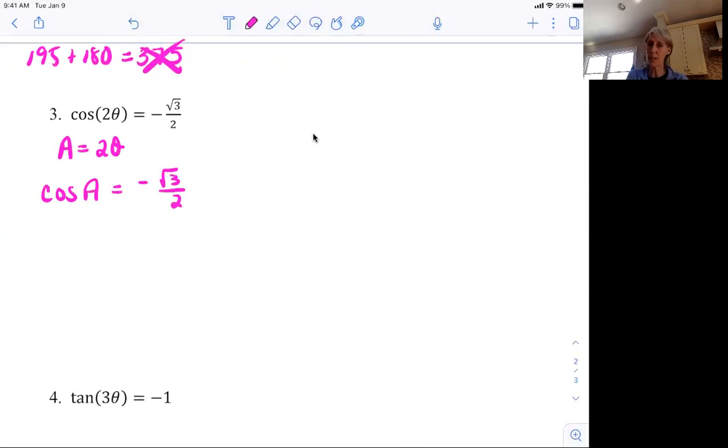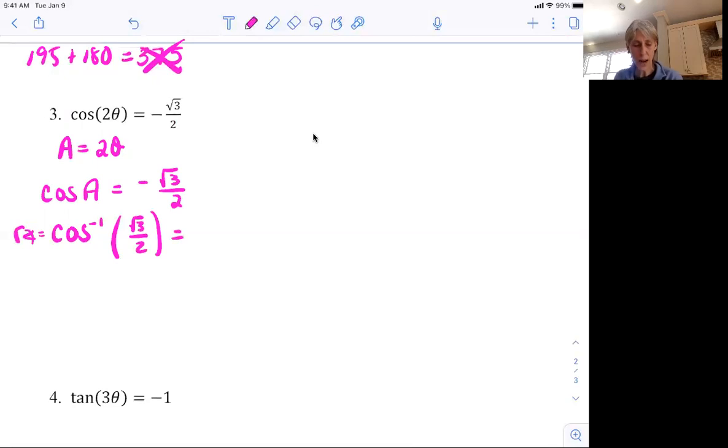And here's where some of the things we learned in our last unit come into play. I want the angle whose cosine is radical 3 over 2, and that comes from one of my special triangles, so I'm going to solve for the positive function value. This is my reference angle.